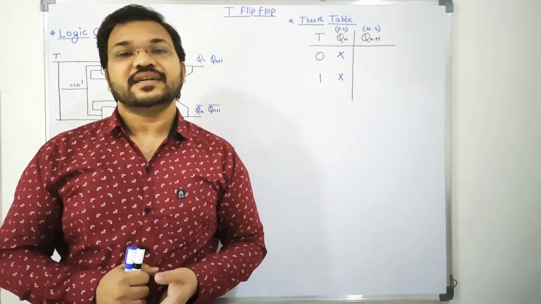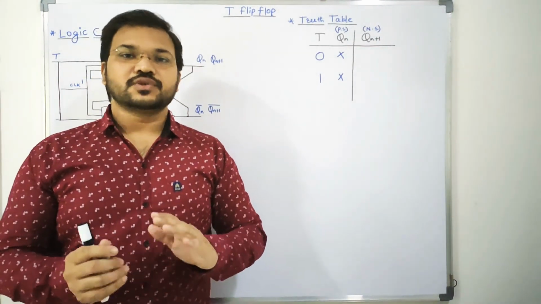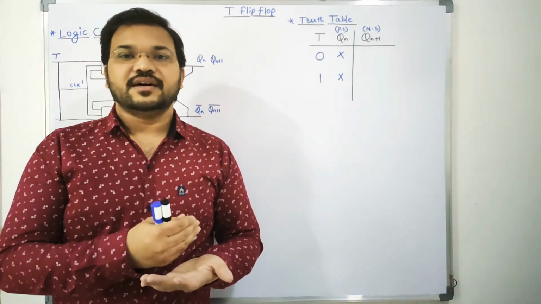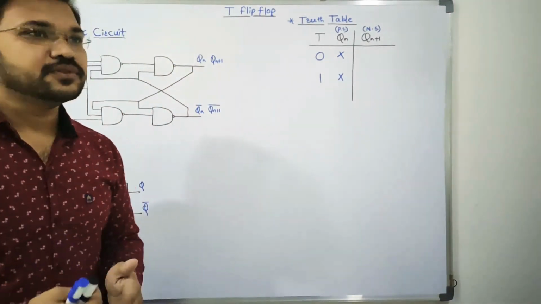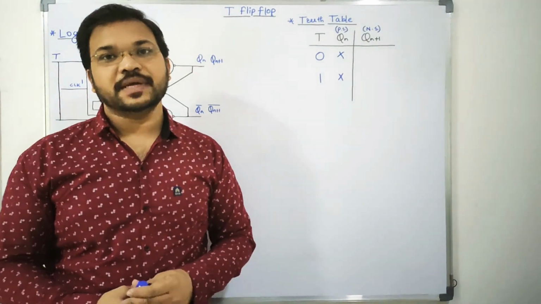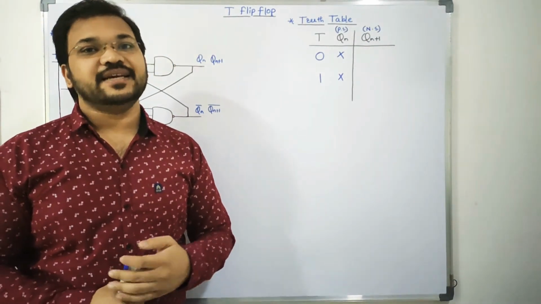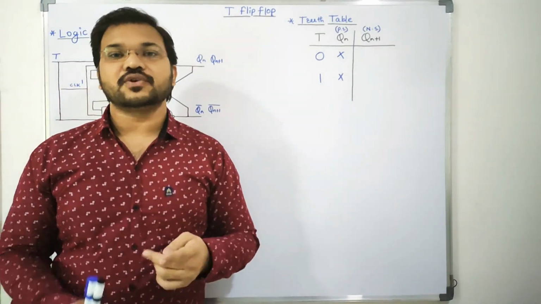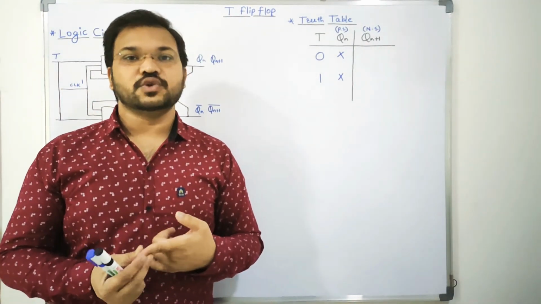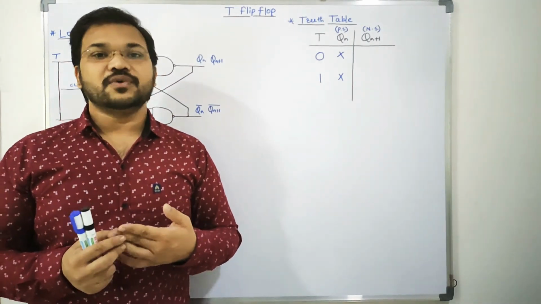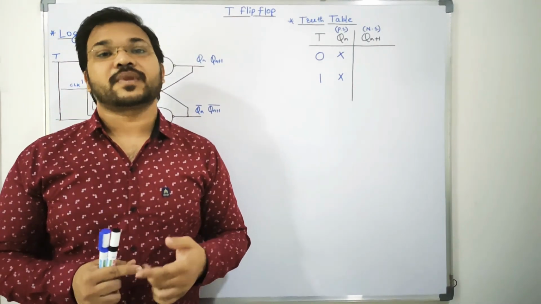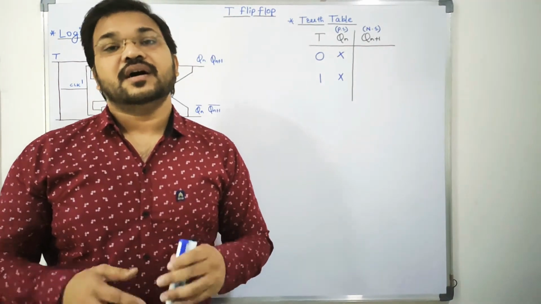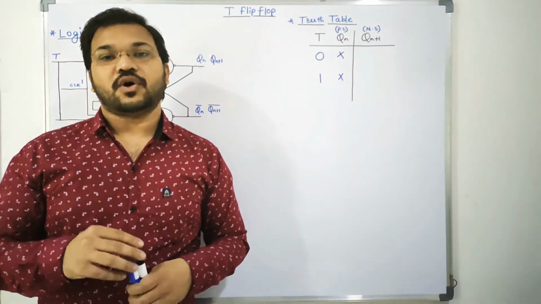The next modification is the JK flip-flop, which has the 1-1 condition, for a total of 4 conditions: 0-0 is the no change condition, 0-1 is the reset condition, 1-0 is the set condition, and 1-1 is the toggle condition.